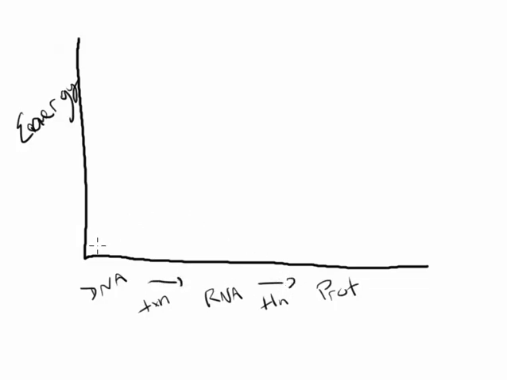And if we just think about this, again, about cost, it's going to cost more to regulate at the protein level because we've invested in building that protein versus, say, regulating at the RNA level or, as we'll see, even regulating at the DNA level.